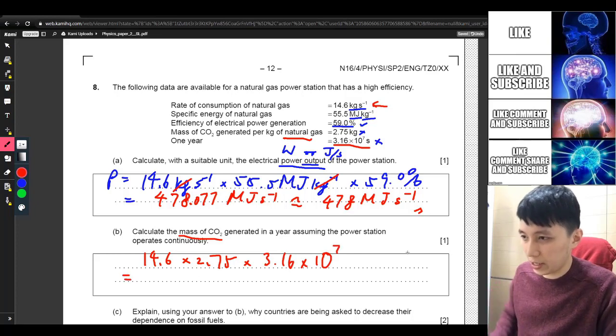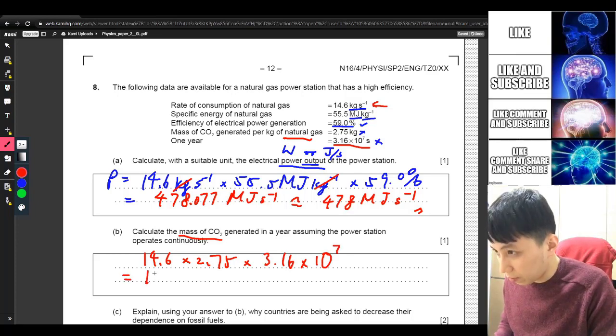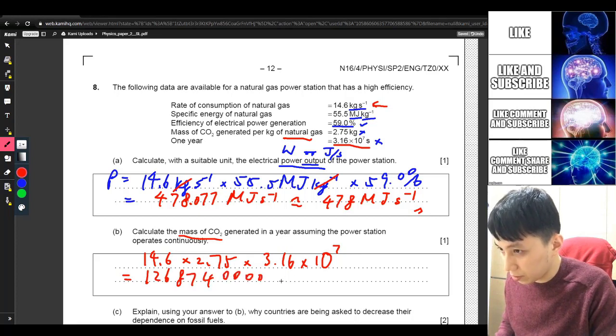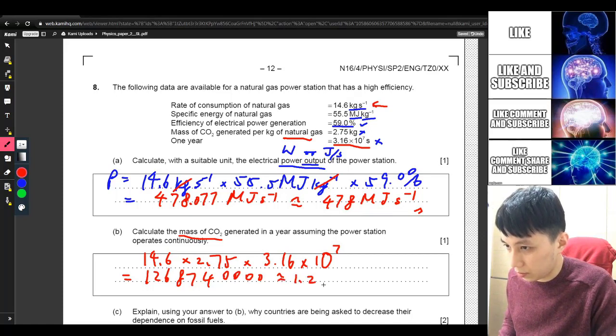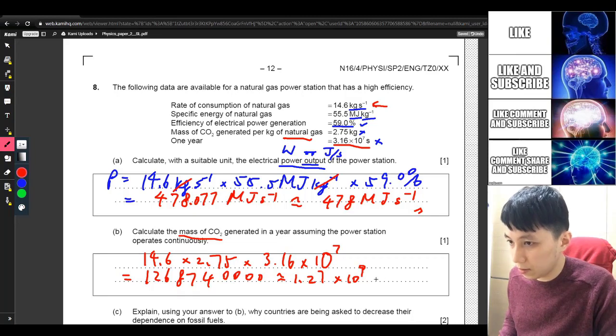So that will be the answer. So we have 126 x 74000. Right, or you can say 1.27 times 10 to the 1, 2, 3, 4, 5, 6, 7, 8, 9 kg.